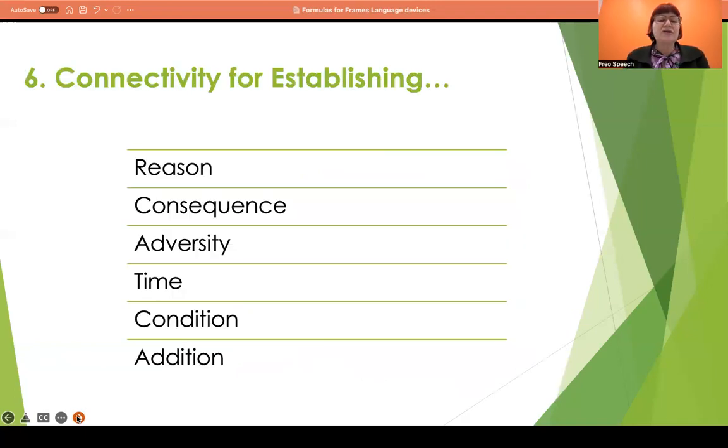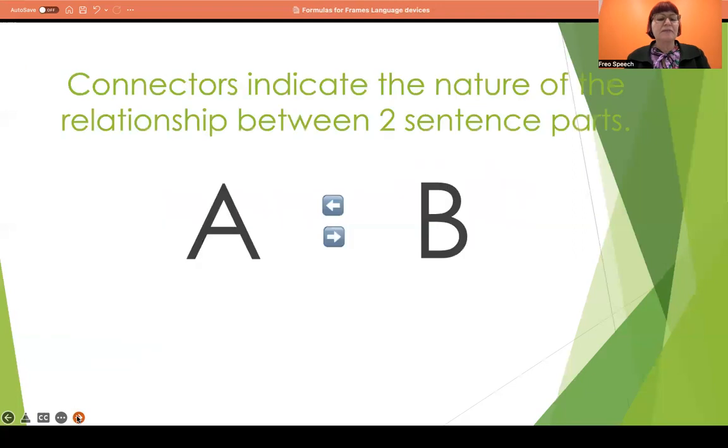So we're heading into connectivity. And what you need to know about connection within sentences is that in any sentence, or to move from a simple sentence, like A, where you might have, it was raining outside, you can just have the simple sentence, it was raining outside, and then you can join something else onto that sentence, because there was a cold front coming through, but we were still allowed to play in the rain, and it started to hail as well.